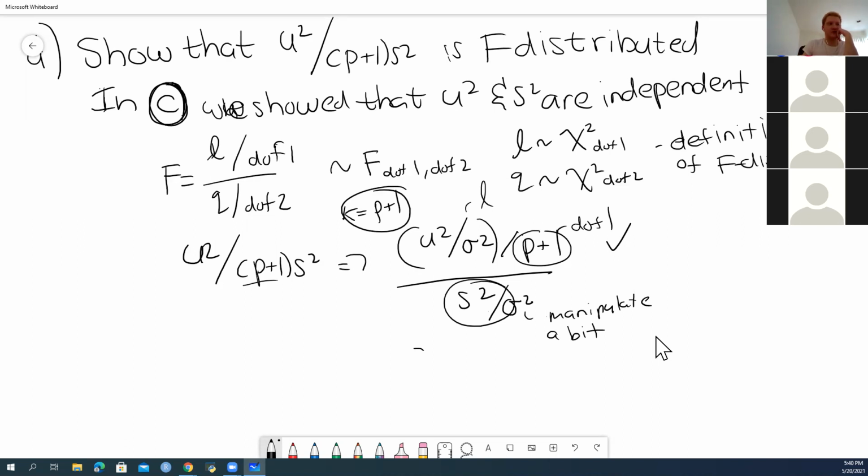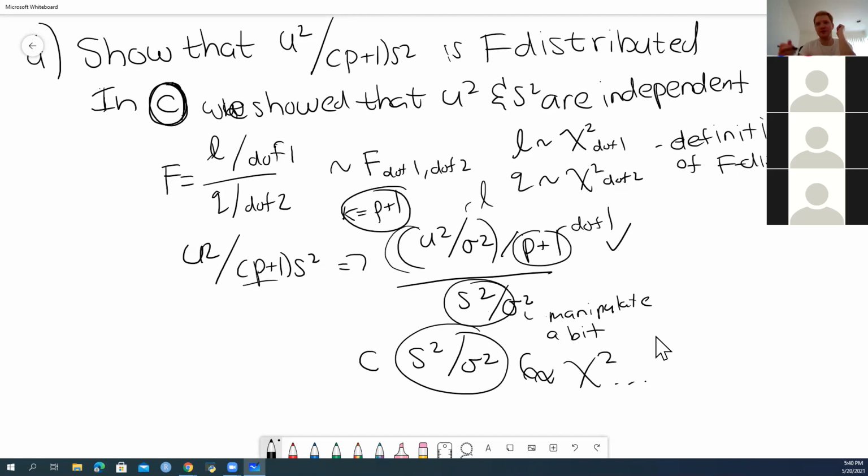Look through the notes for what the distribution of S squared over sigma squared is, and you'll find that it's scaled, so times some C, it's distributed as some sort of chi-squared, and you have to figure out what kind. So the top is good, and for the bottom you need to figure out what to scale it by and what chi-squared distribution it is, and you can solve for that. Okay, any other questions about this one?